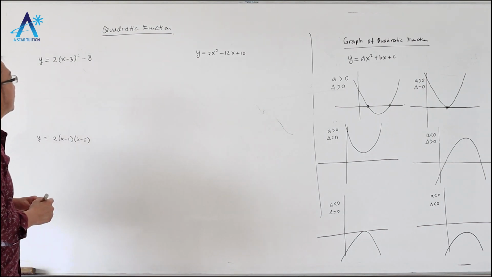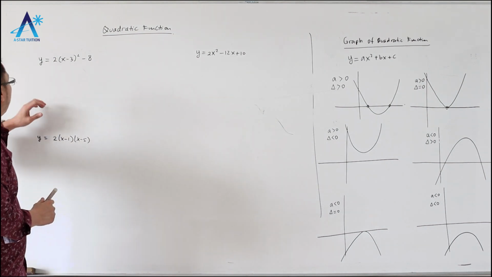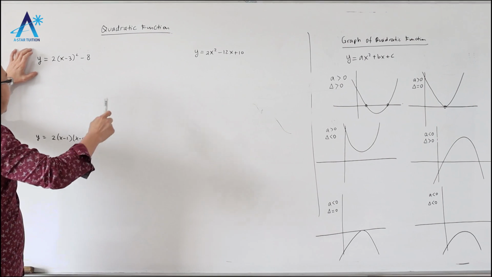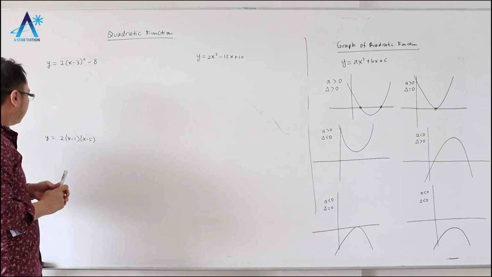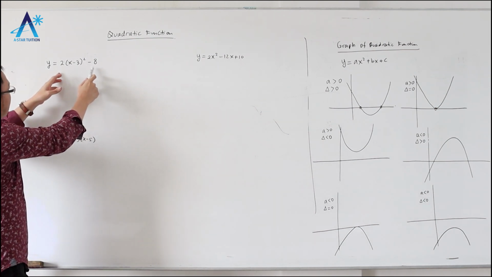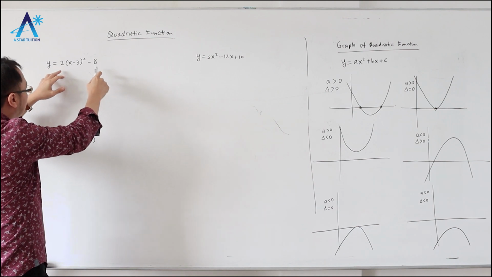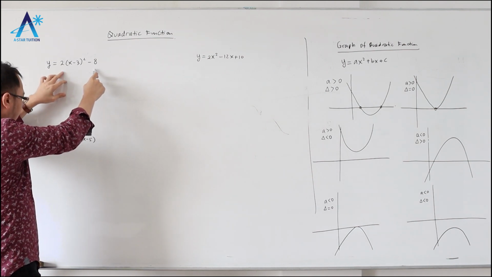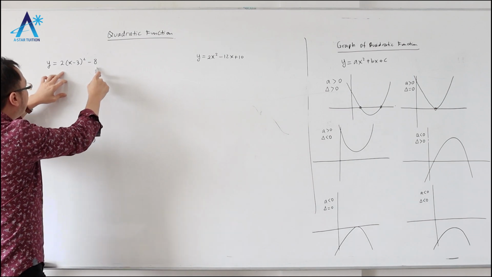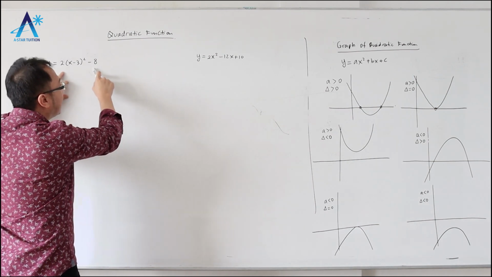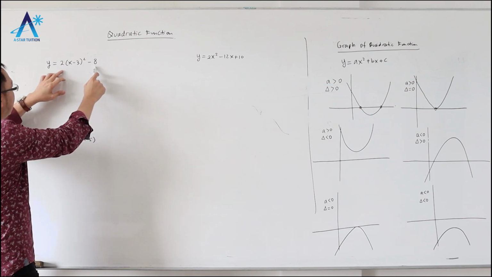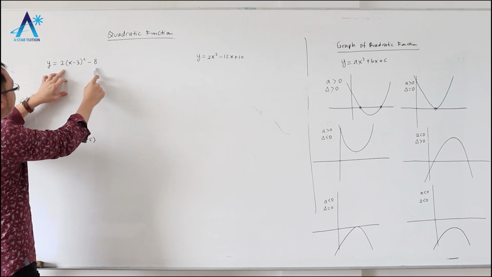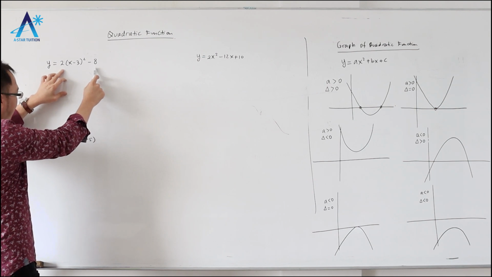Now moving on, we're going to present the graph of each of these functions. However, before doing so, I need to pass on to you that there are three different forms of the quadratic function you will most likely encounter throughout this chapter. The first is called the completing the square form, which is in the following form.